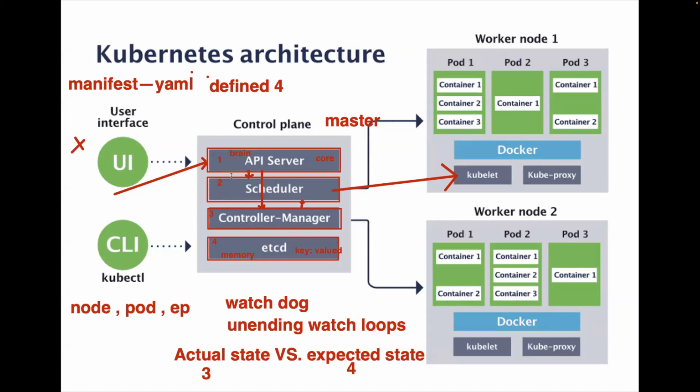All these components will get all that information by connecting to etcd. The scheduler will get it from etcd, the controller manager, the API server, everything will get the information from etcd. Any more questions? Is it clear?